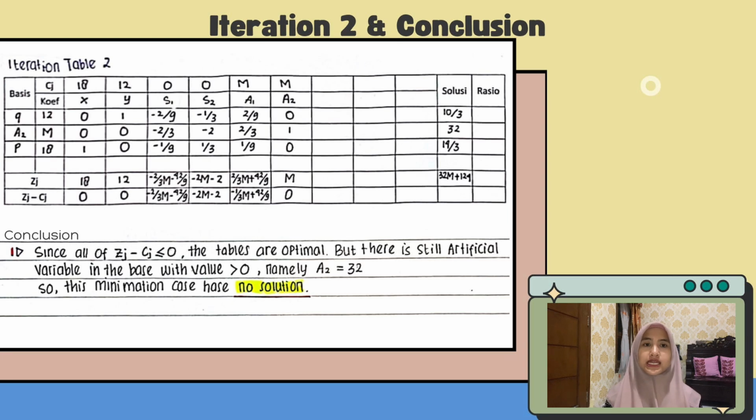The conclusion is, since all zj minus cj are less than or equal to 0, the table is optimal, but there is still an artificial variable in the base with value more than 0, namely A2 equal to 12. So this minimization case has no solution.